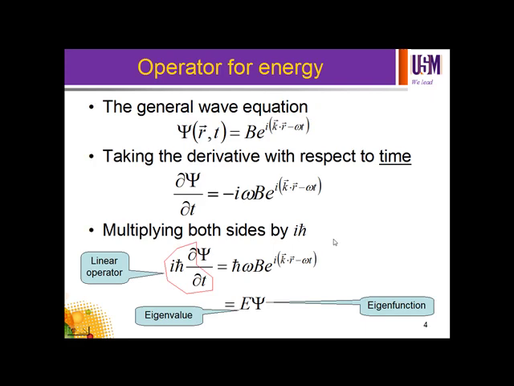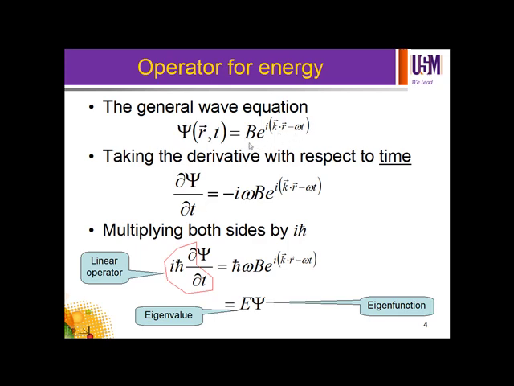Let us start with the derivation for the operator for energy. We start with the general wave equation: psi equal to B exponent i, and the bracket is the component for the waves, vector k dot vector r minus omega t.